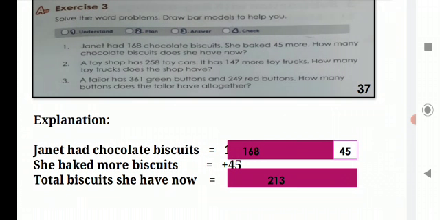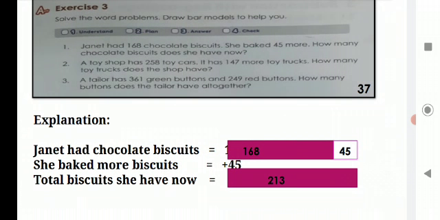Now we have to find out how many chocolate biscuits she has now. So what do we do? We have to find the total number of biscuits, which means we add the biscuits that she had already and the biscuits that she baked more. So we add 168 and 45.